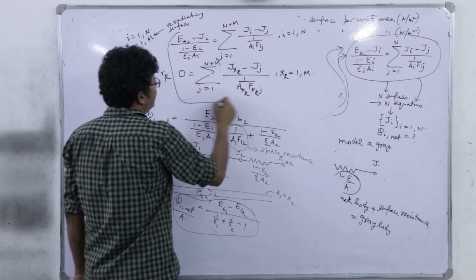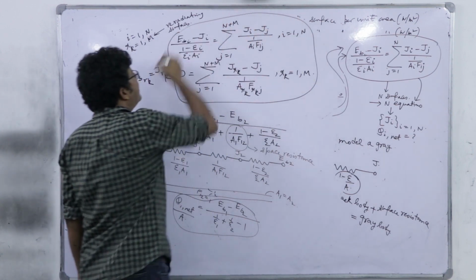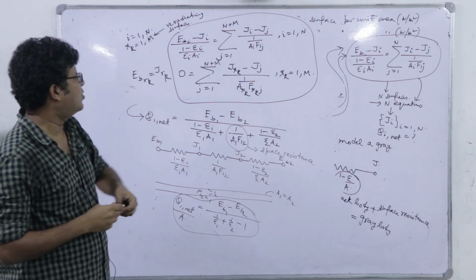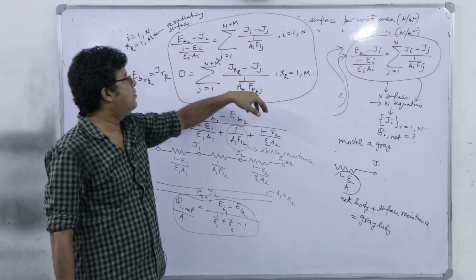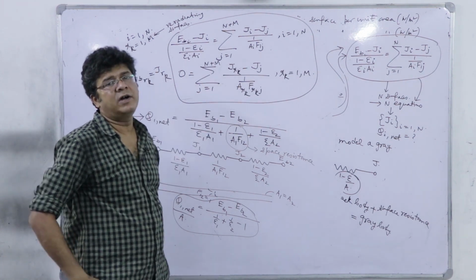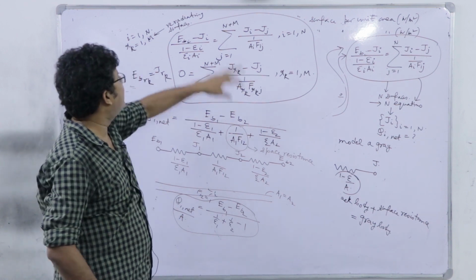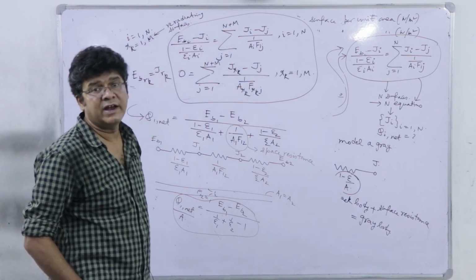So we will have two sets of equations, the first with total number n and the second with total number m, and we will have n plus m radiosity values which we can solve and then substitute, so we can calculate Qi net.